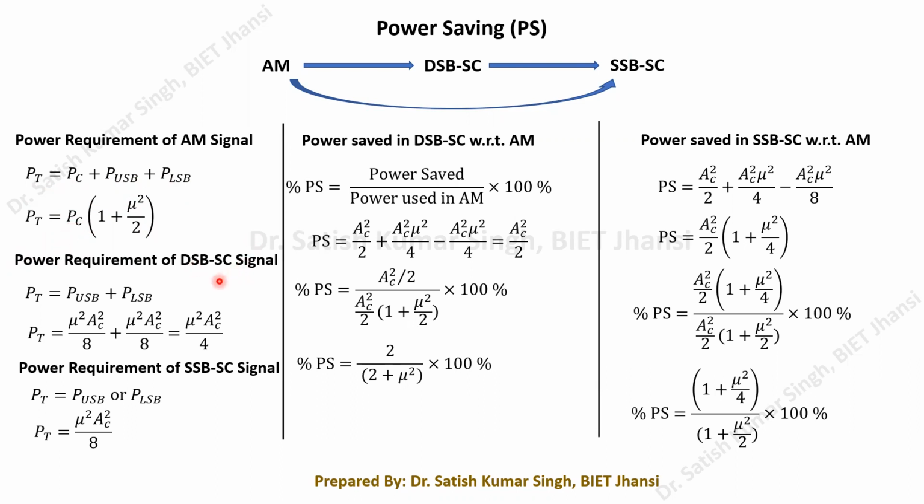Now, for the power requirement of the DSB-SC signal, only the carrier part has to be removed. So the total power requirement is PT equals PUSB plus PLSB.